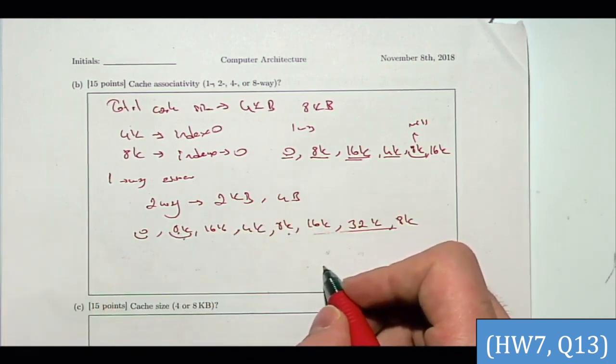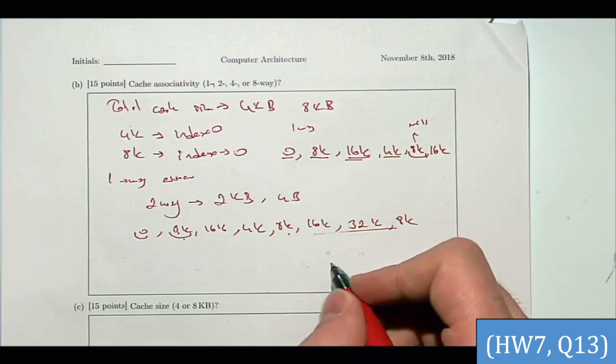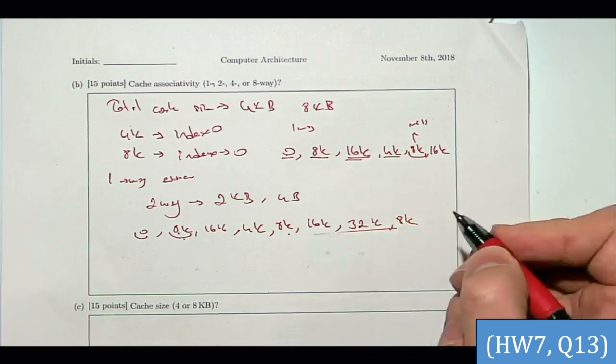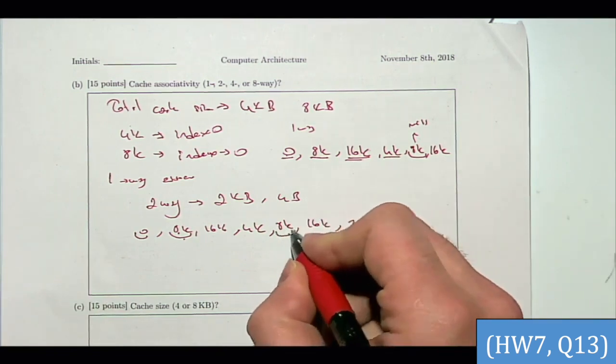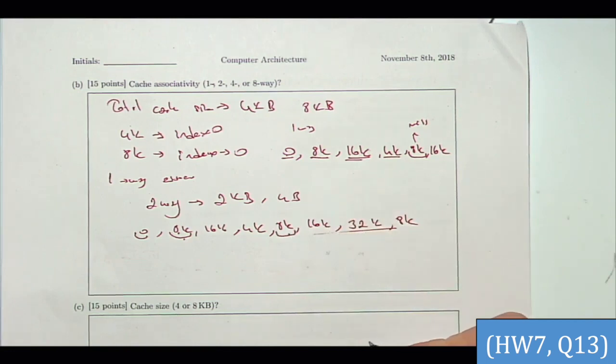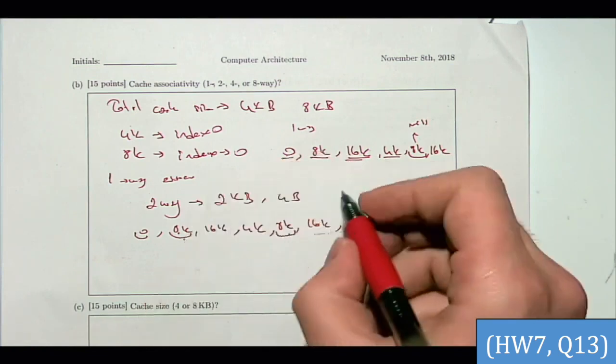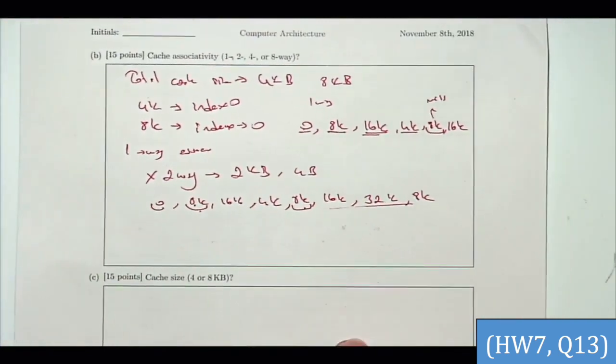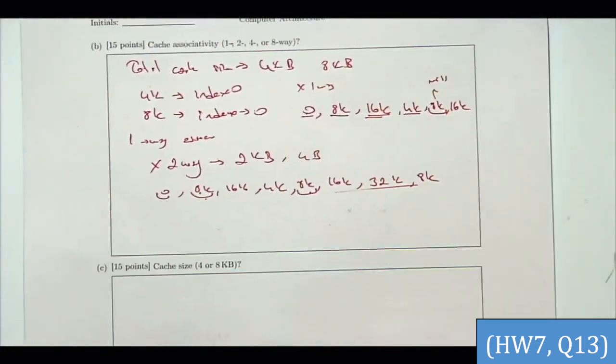Actually, both of them, right? So when I try to access 8 here, this won't be in the cache. So this will be a miss again. All right? So 2-way doesn't work as well, and one-way also doesn't work.